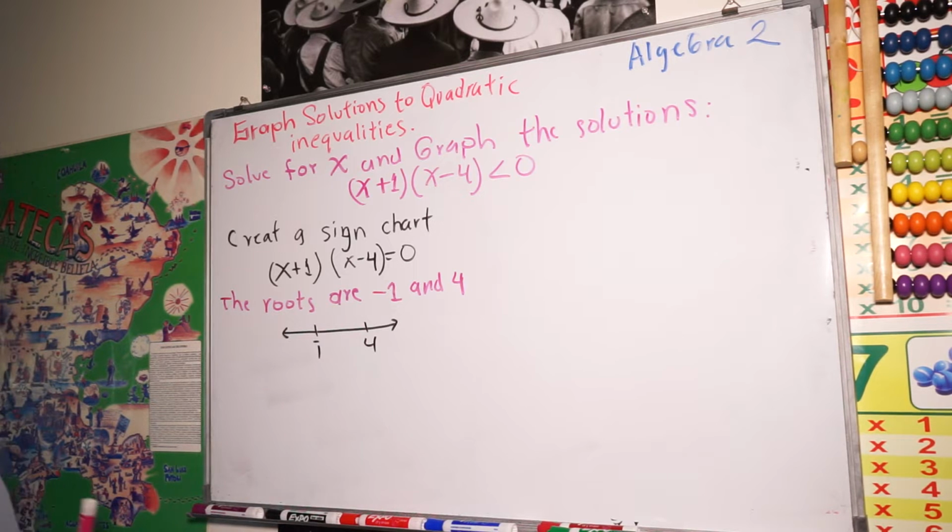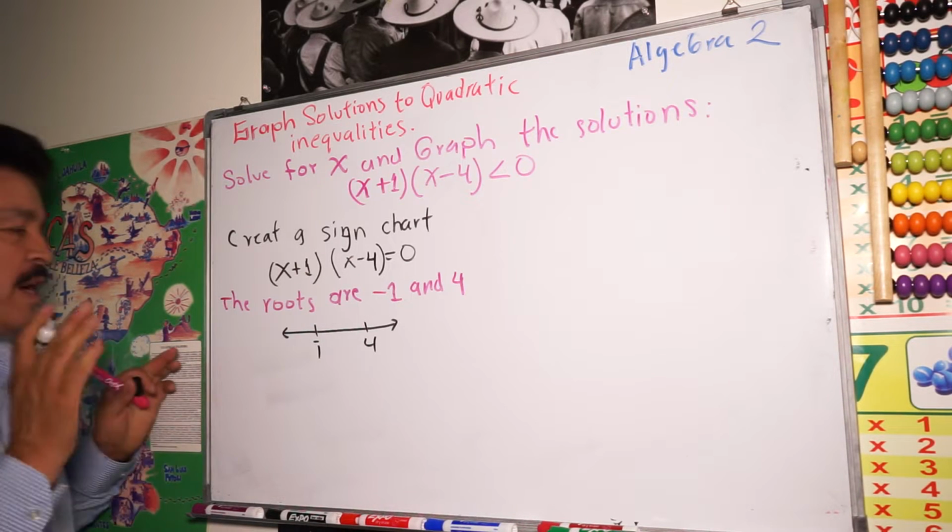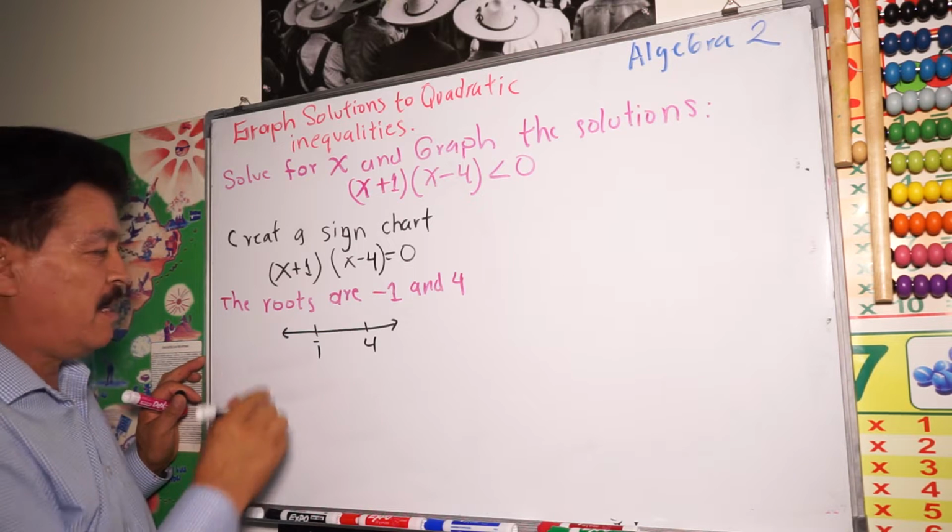Something like that. So the factor here, we have to write the main thing, the factor. Let me choose a different color.